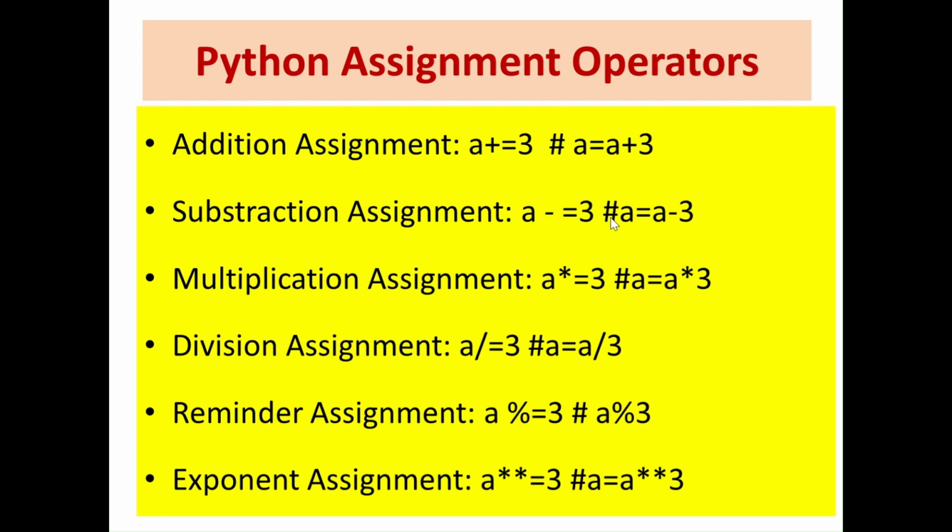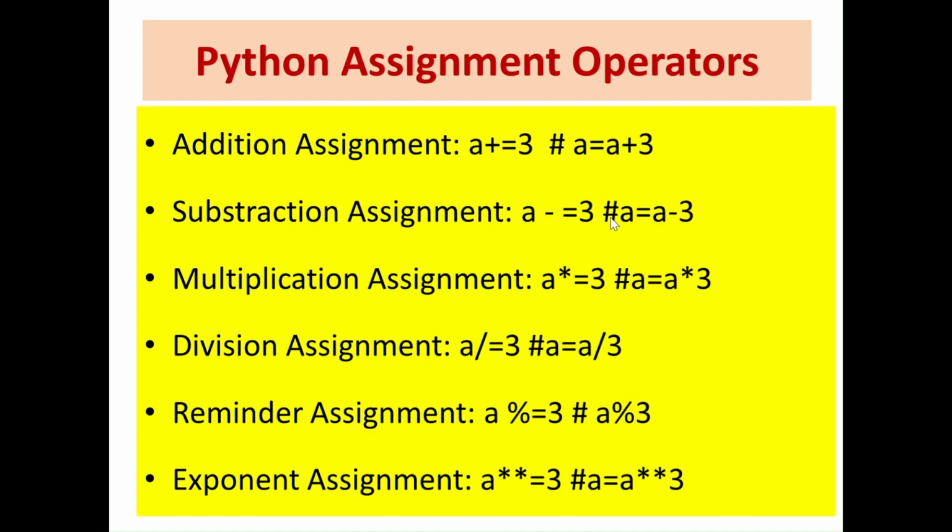For example, if I write division operator, a divided by equal to 3 means the new a will be equal to a by 3. Similarly, a multiplication equal to 3 means the new a will be equal to a into 3.